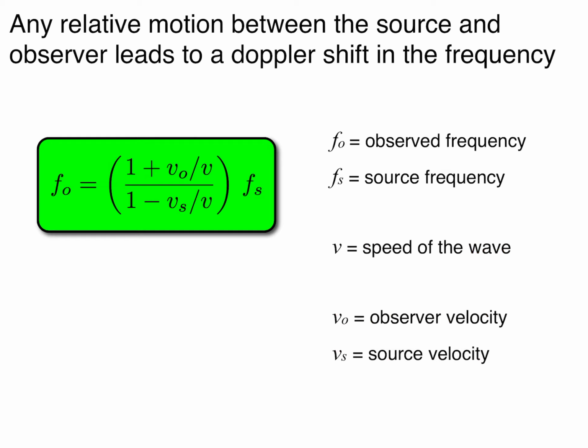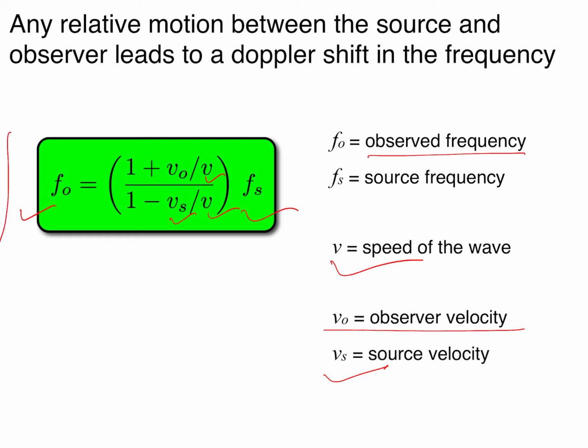So, any relative motion between the source and the observer leads to a Doppler shift in the frequency. You should use this simple formula: f naught, the observed frequency, is equal to 1 plus v naught over v, divided by 1 minus vs over v, times fs. v naught is the observer velocity if the observer is in motion, vs is the velocity of the source of the wave, v is the speed of the wave, and fs is the frequency emitted by the source of the wave.